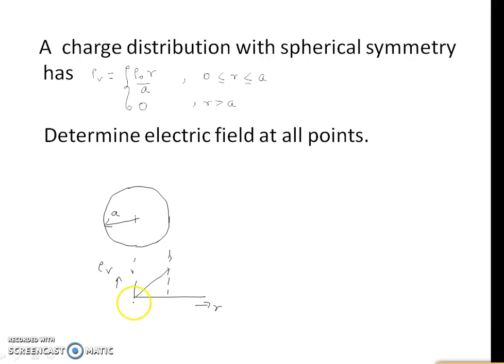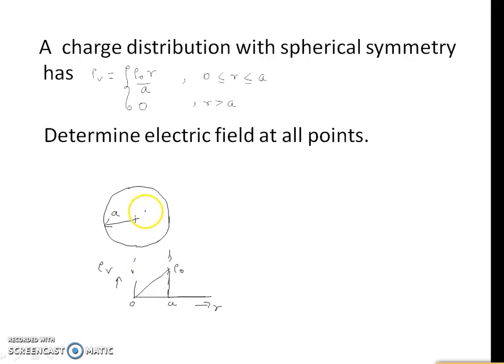At r equal to 0, the charge density is 0, and it varies linearly, and at this point when r is equal to a, the charge density is rho naught, because from this expression we can see that when r is equal to a, charge density is given by rho naught, and for r greater than a, the charge density is 0.